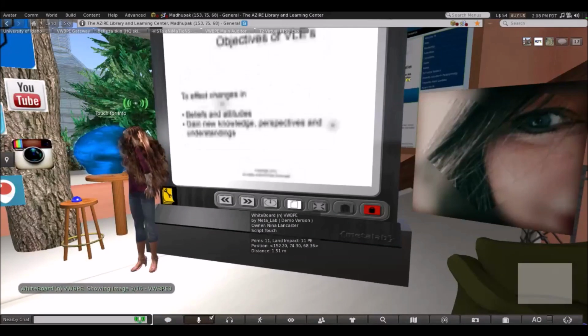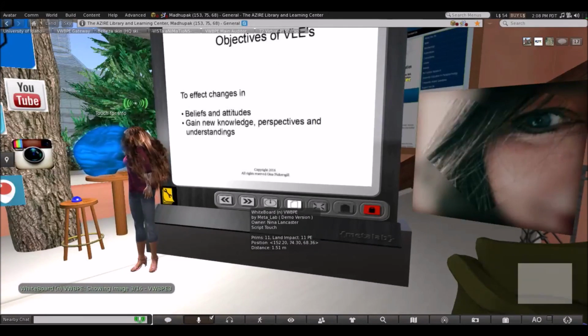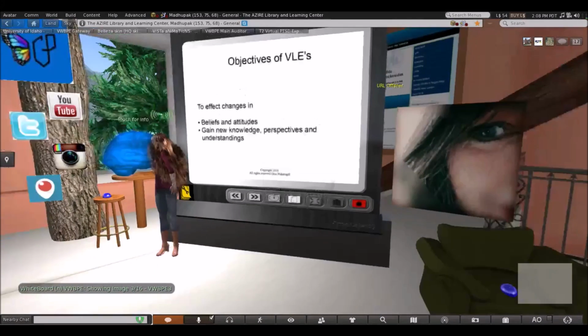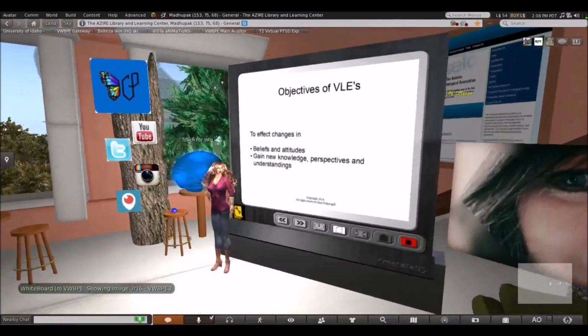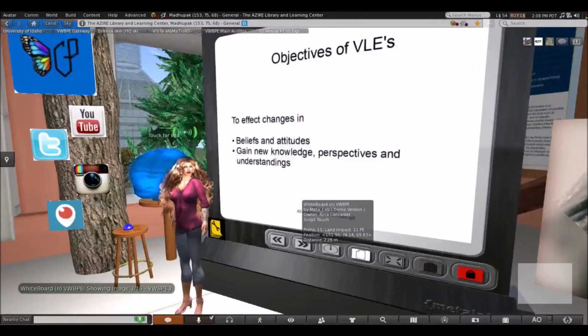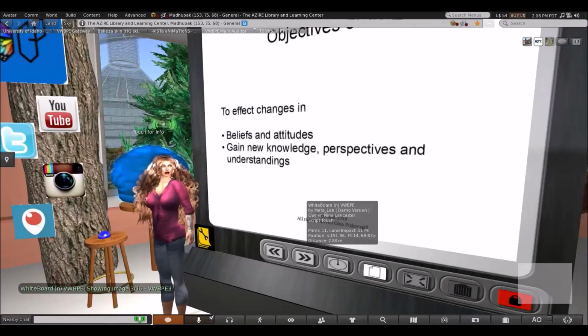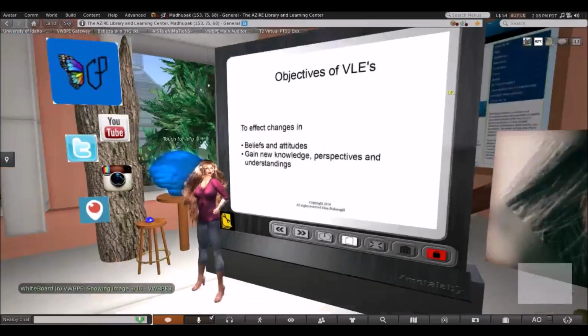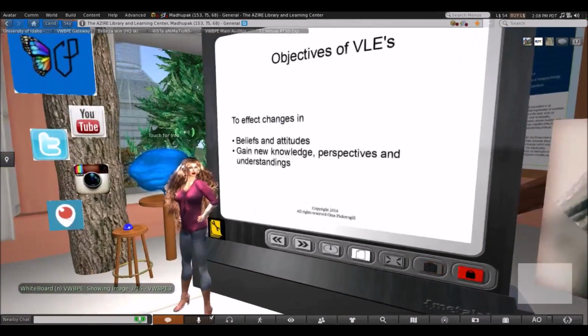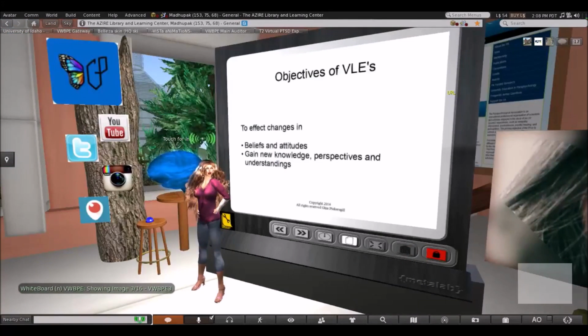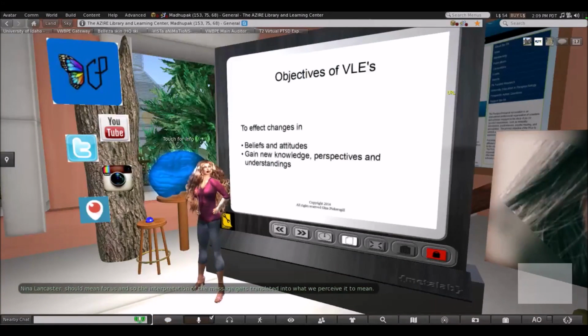And we can use this to our advantage to help people change. It's not just about shooting people and horror movies and thrillers and that sort of thing. We can actually help it in our teaching to change attitudes and beliefs, to help people get new knowledge, perspectives and understandings.